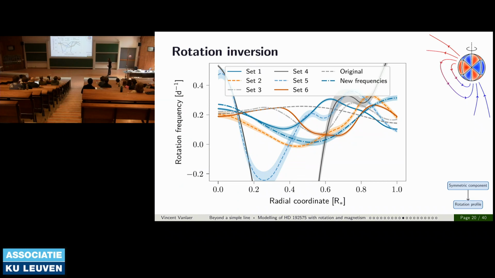I haven't ruled it out in the sense that I completely discarded it. I'm still using it for later calculations. But if you want to have an answer to the question, what is my rotation profile, then this one is probably not it. It's probably more like this.